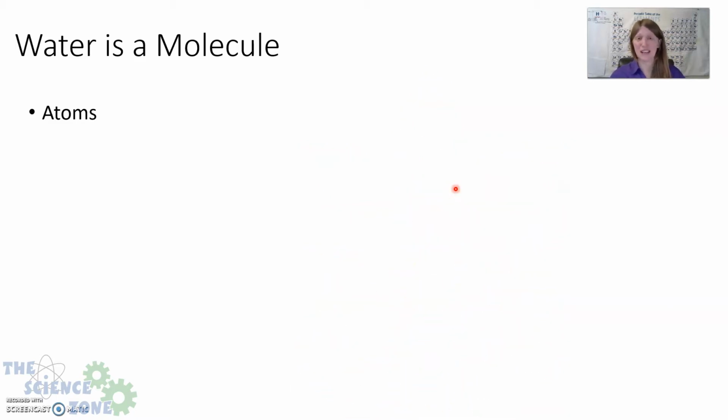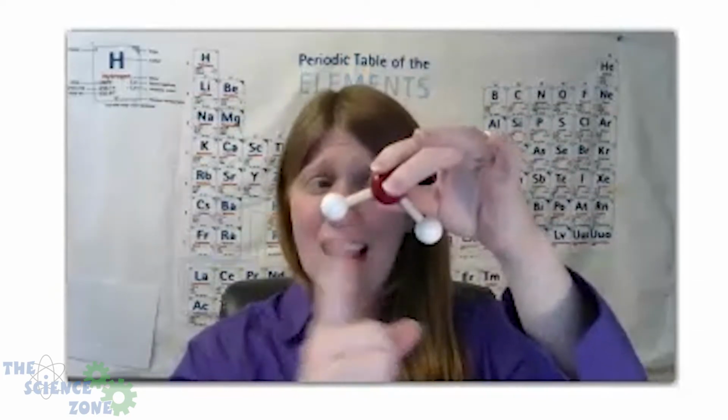Now that we understand what an atom is, let's understand that atoms form molecules. Right here, I have a little ball that represents oxygen. When oxygen forms a bond with hydrogens, so we have 3 atoms that are stuck together, we have a water molecule.